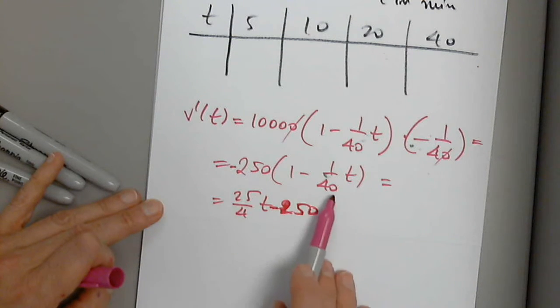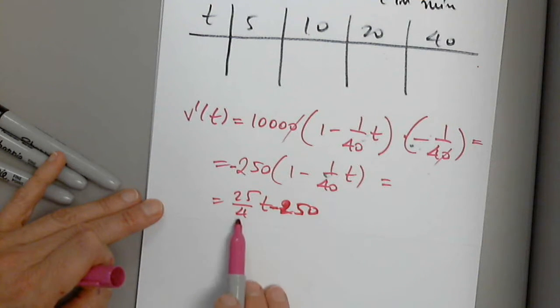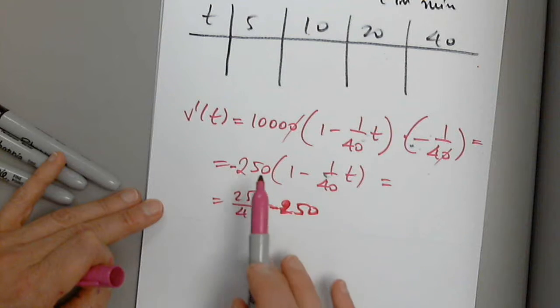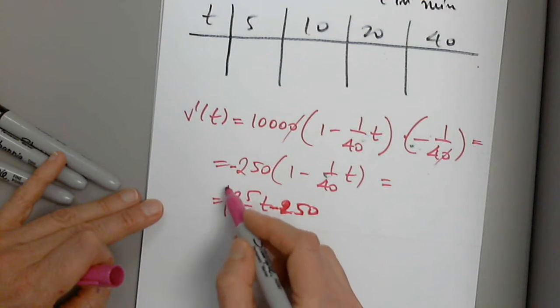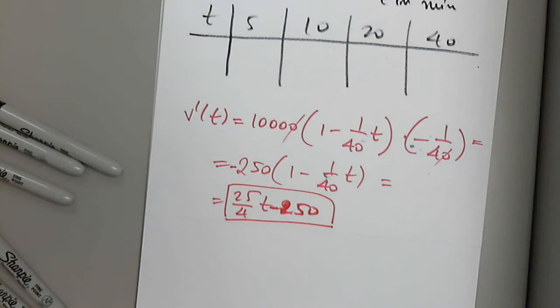Negative 250 divided by negative 40, it's 25 over 4 but plus. This is the function we have to plug in. So negative 250 times negative 1 over 40, I simplify by 10 and I get 25t. And then negative 250 times 1 is just negative 250.